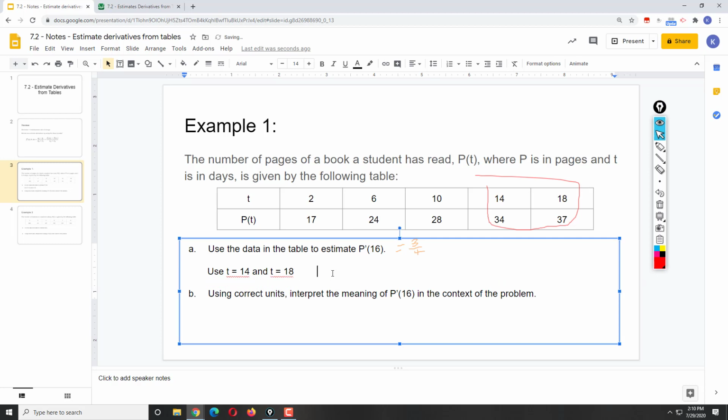The derivative at t equals 16 should be approximately, by the slope formula, y2 minus y1, so 37 minus 34, over x2 minus x1, 18 minus 14. So once again, we get 3 over 4.